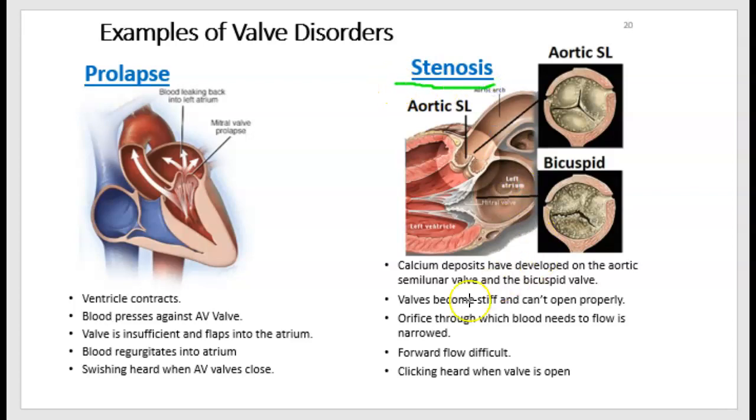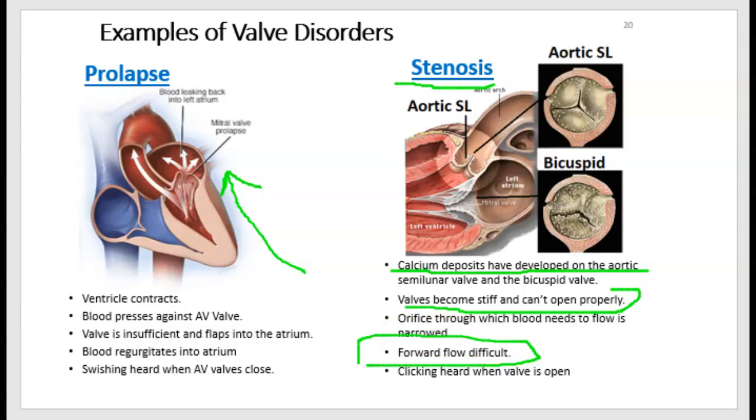Now, on the right is a picture of a valve that's stenotic. This stenotic business means hardening, I guess, due to the calcium deposits which have developed on the valve. And so the valves become stiff and they don't open properly. Now, it's probably true they don't close properly either, so you might get the regurgitation, but even forward flow is difficult.